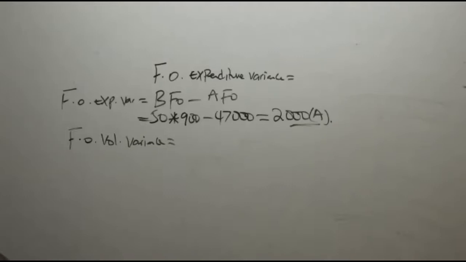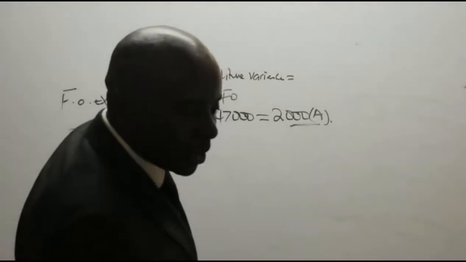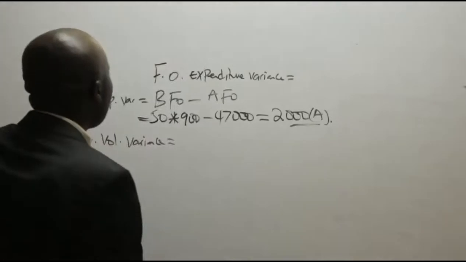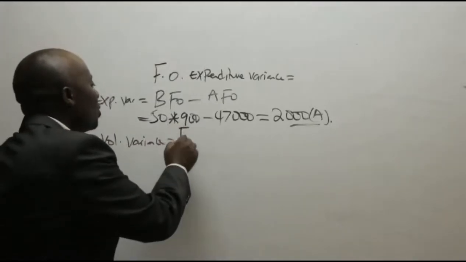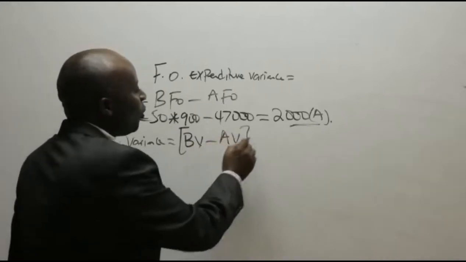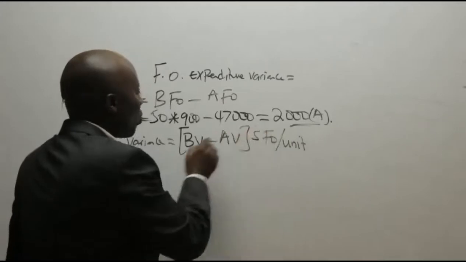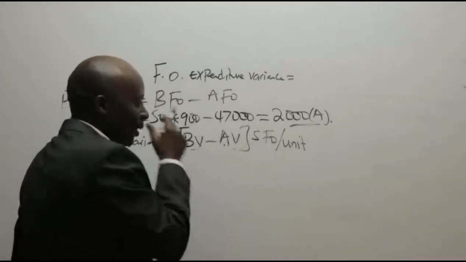Very good, Mary has it. This is the difference between two volumes. Fixed overhead volume variance is budgeted volume minus actual volume, multiplied by standard fixed overheads per unit, because these inside here are units.